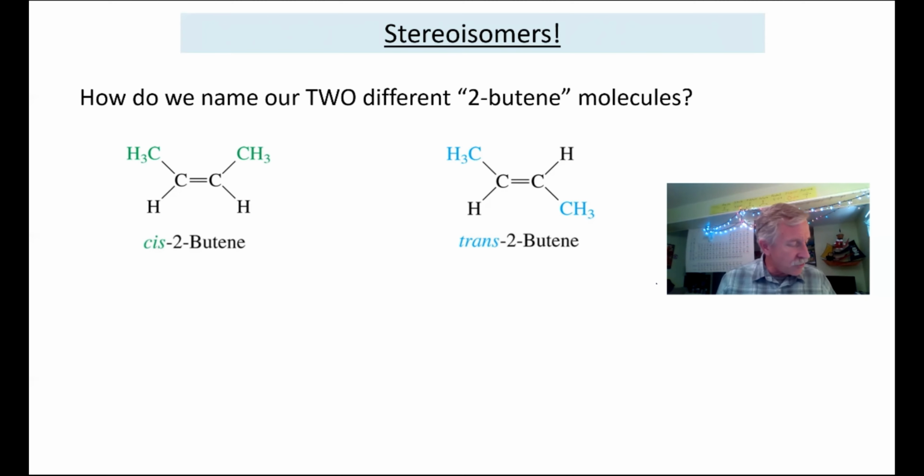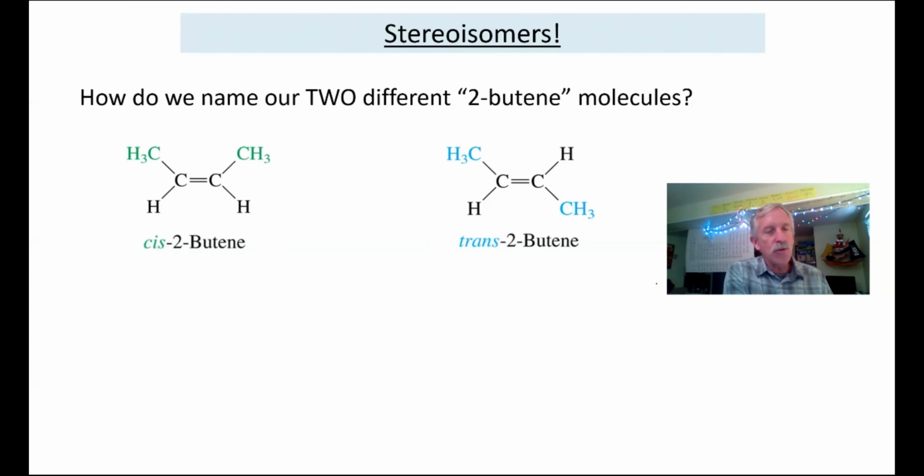When you have the two biggest groups, in this case, it's pretty easy to spy that the two little hydrogens are on the bottom of this double bond. And the two biggest groups are these methyls at the top. When they're on the same side of the double bond, we would call that cis.